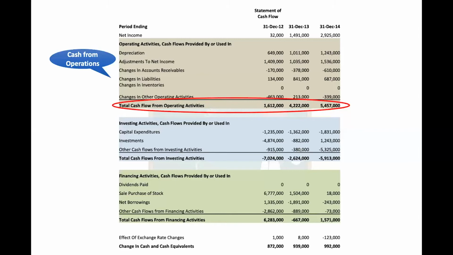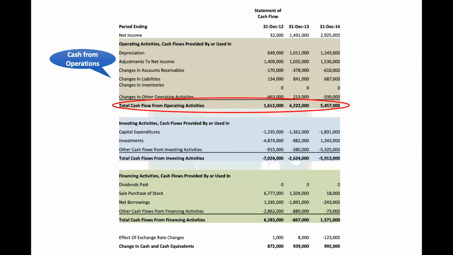The next thing you'll see is changes in liabilities. Liabilities are short-term money that the corporation owes to vendors or other entities. And the reason why they're liabilities, they typically come due in the next 12 months. They're short-term, they come due in the next 12 months. You can see that the liabilities have gone up, 134,000 to 841 to 687.